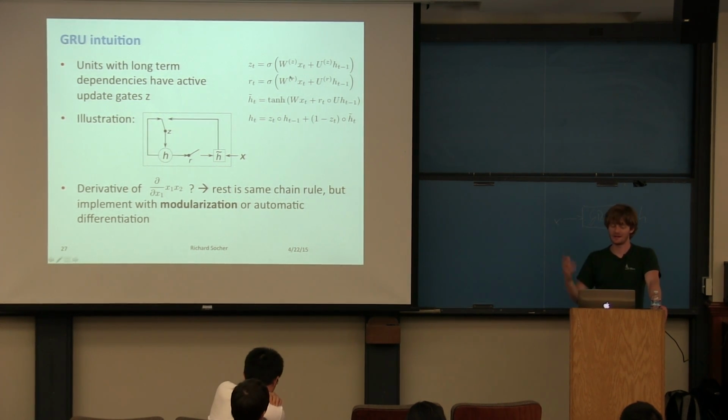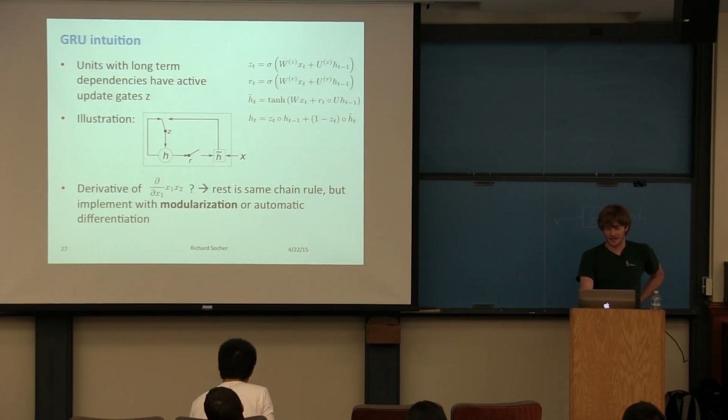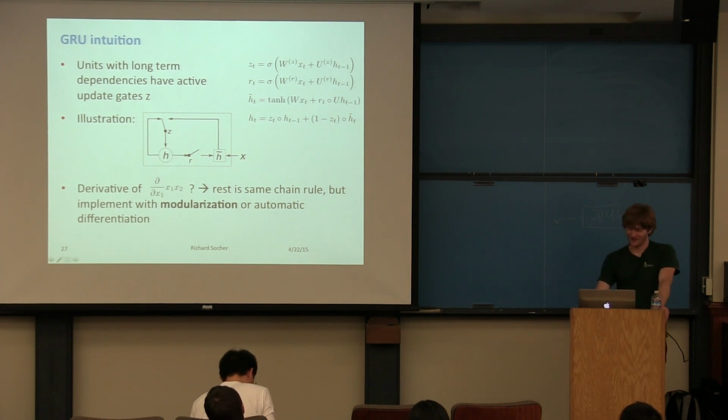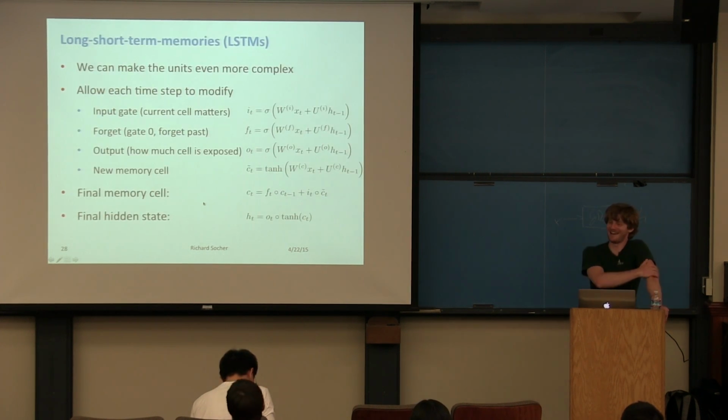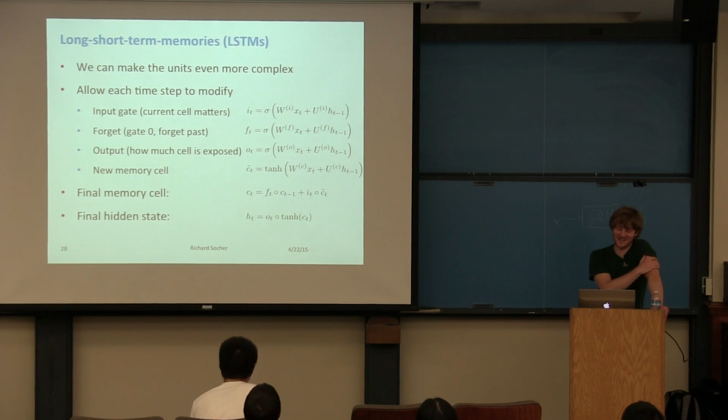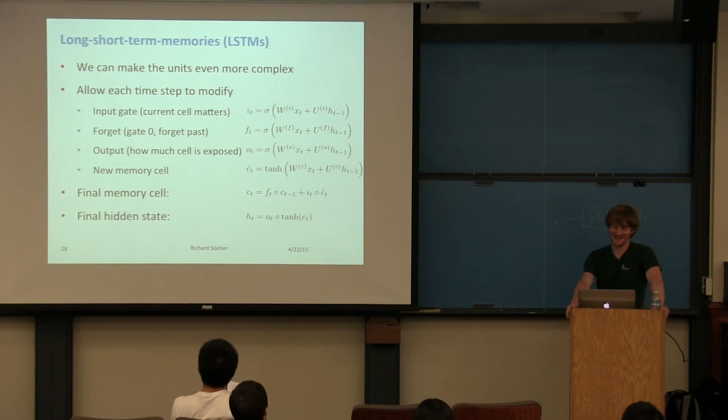And if you write it and use Theano, it will basically give you automatic differentiation and just compute the gradients analytically for you, and then you can update your models. And you will know why this is important once we look at this slide, which defines the LSTMs. And so the slide after that will try to show you some illustrations, which again are going to be even worse than for the GRU.